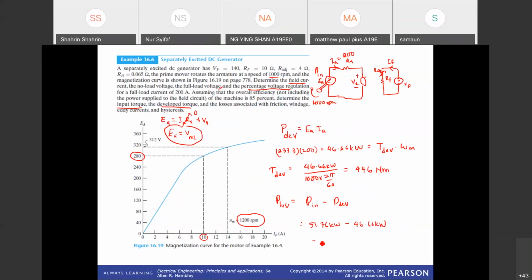The losses are around 5.16 kilowatt. So we complete this example.